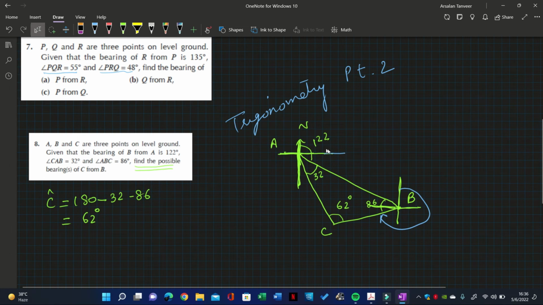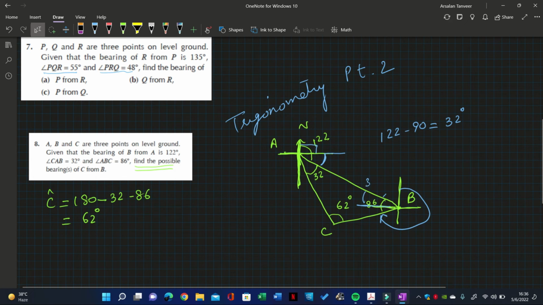I will subtract, sorry, 122 minus 90, because I know till here we have 90 degrees and then we have 122, so we do the subtraction. 122 minus 90, answer is 32 degrees, right? So this horizontal angle will be 32.